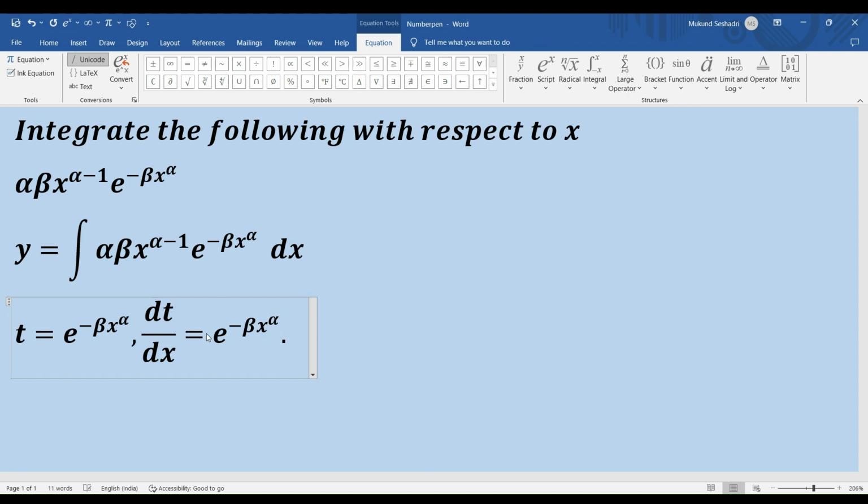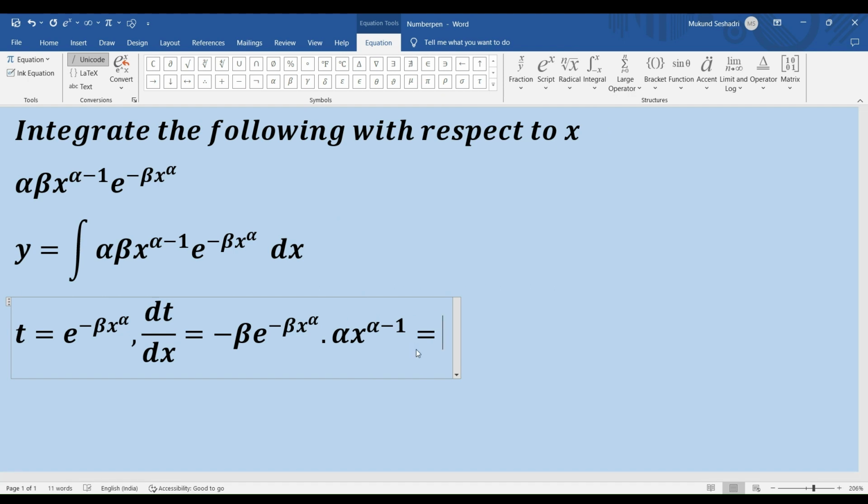So when I do a d by dx of that, I get minus, beta remains as it is. So I will write my minus here, and my beta as well. And then I get an alpha times, because I have x to the power alpha, my alpha is a constant, I have alpha times x to the power alpha minus 1.